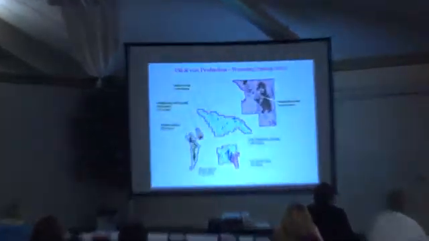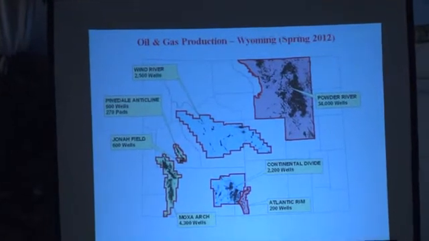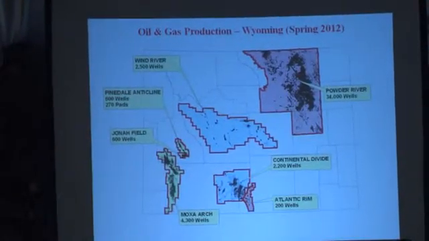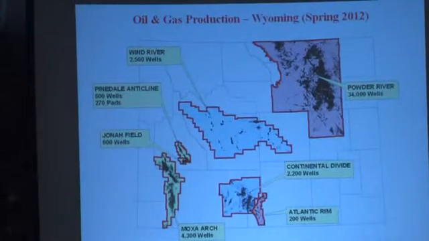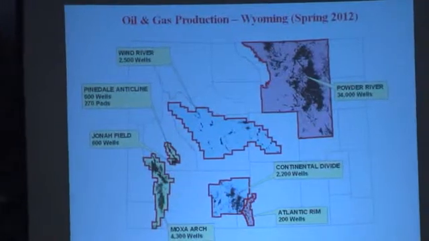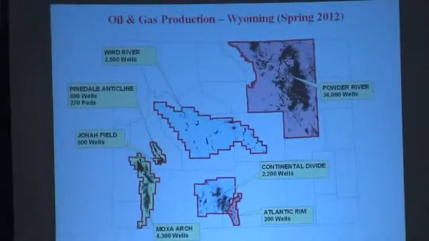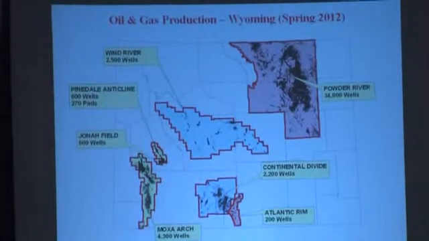I included this at the last minute. I just added this over lunch as a perspective of comparing Wyoming to South Dakota. This is from a Wyoming Game and Fish presentation that was identifying the primary areas of development in Wyoming. You'll notice that the Powder River Basin has 34,000 wells.